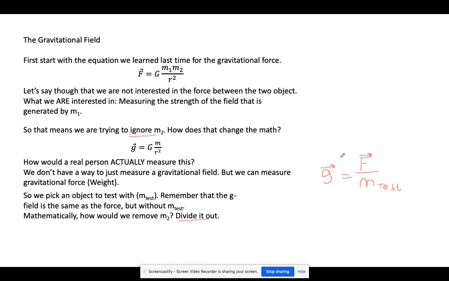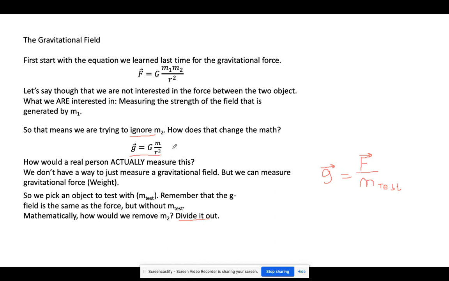This is how we would actually measure gravitational field if we wanted to. And this equation over here is a theoretical equation. They both work. This one's just theoretical, but this one is how we would actually measure this g if we wanted to measure it in real life. But still, both completely valid equations.